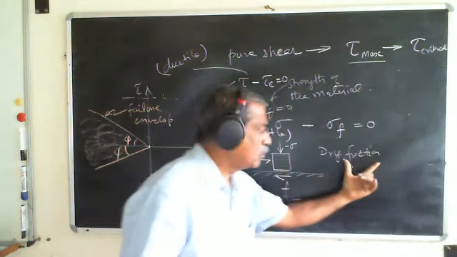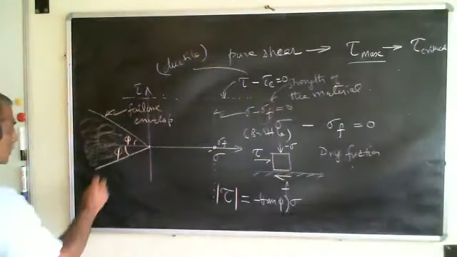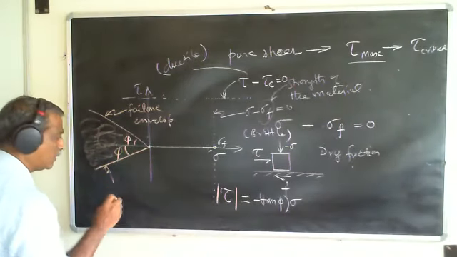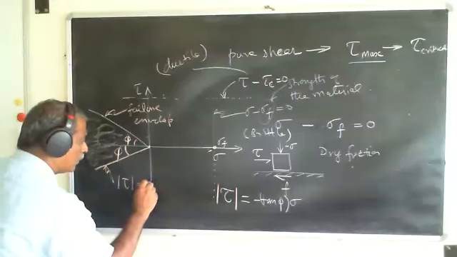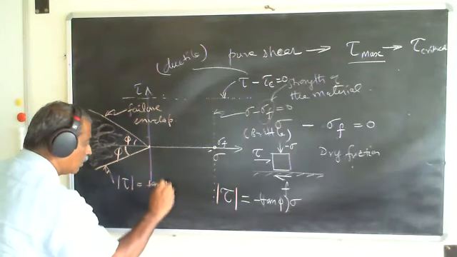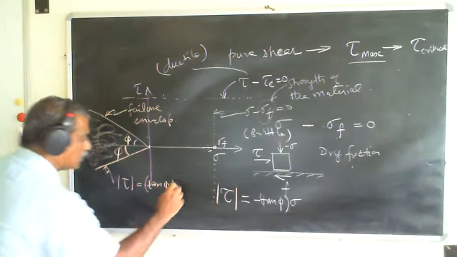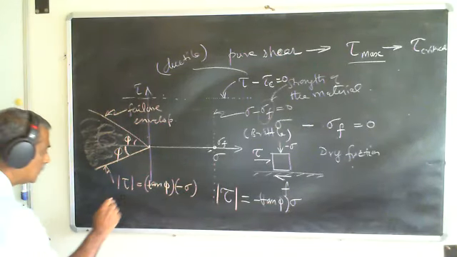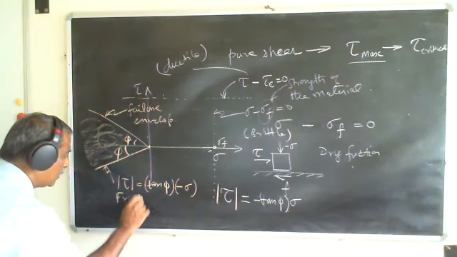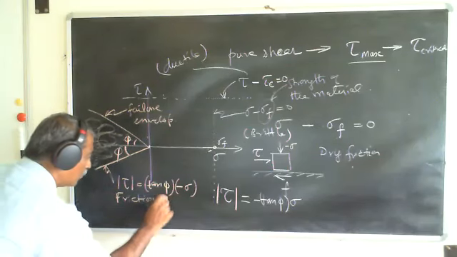Since it has to do with friction, let me first write the equation: tau is equal to tan phi times minus sigma. And this is for frictional materials.